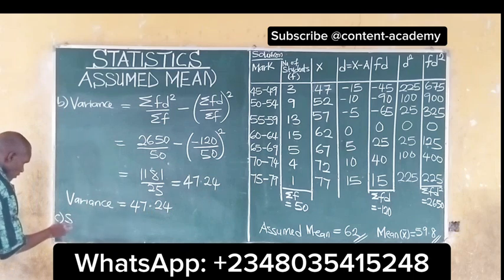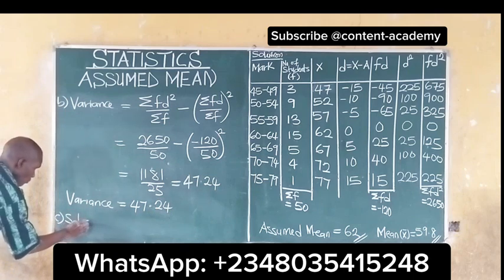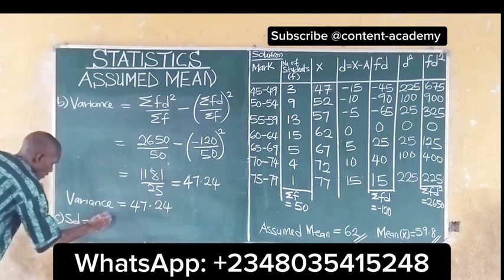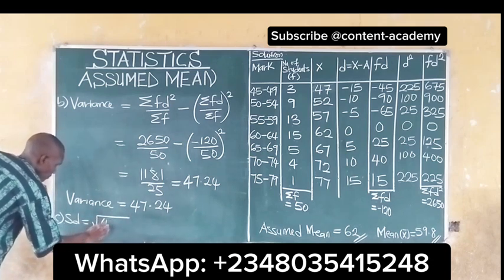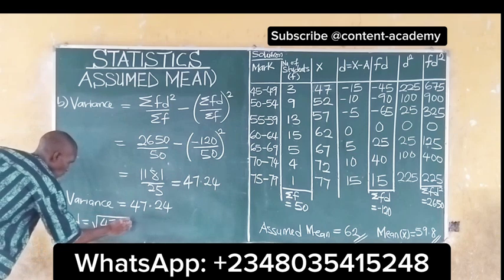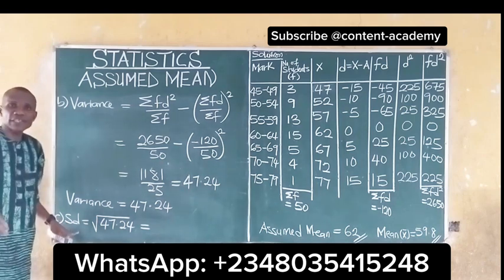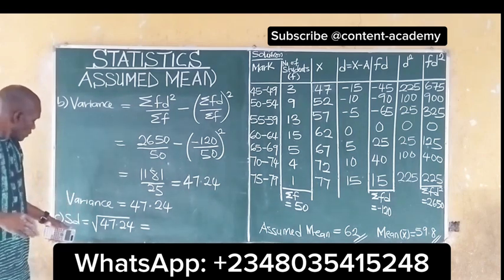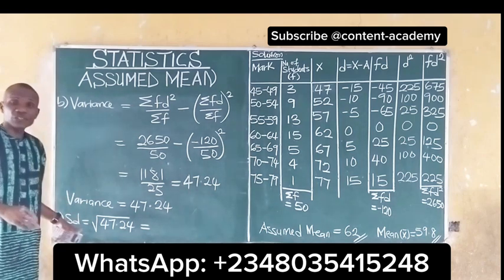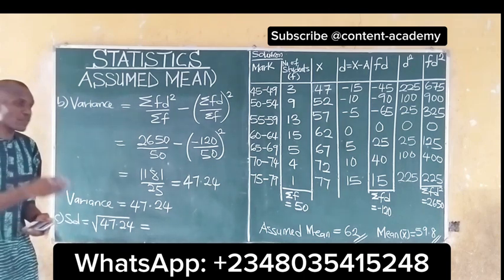The standard deviation, SD, is equal to the square root of the variance, the square root of 47.24. Finding the standard deviation is quite simple. It's just the square root of the variance.